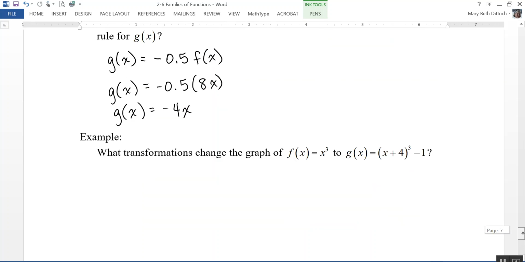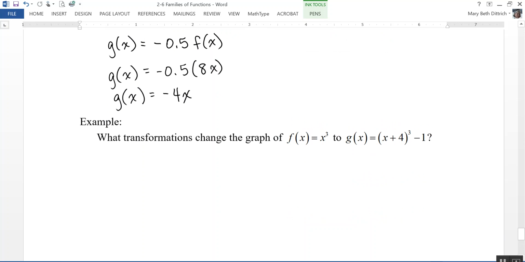And now let's do that the other way around. What transformations change the graph of f of x equals x cubed to g of x equals the quantity x plus 4 cubed minus 1? Well, this in here inside the function means that I'm going to have a translation left 4, and this right here outside of the function means it's going to go down 1.